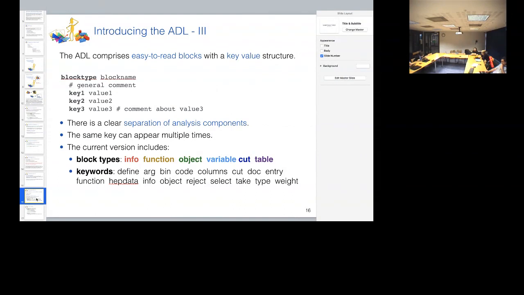The point is that the object describes how it has been created from other objects. And then, the cut describes what selection criteria are applied to the event, and those could be just variables, observables, as well as variables that are bound to objects previously defined.